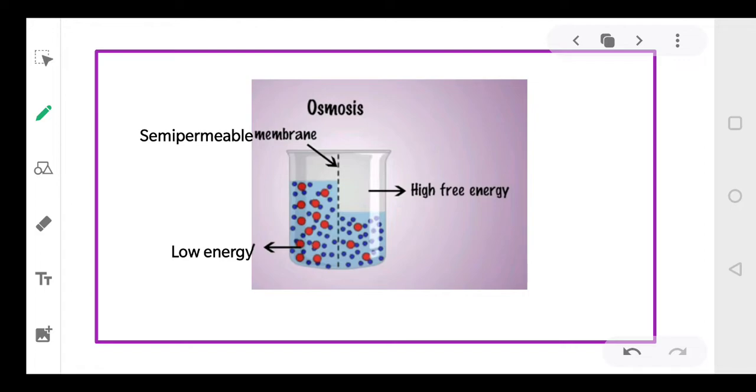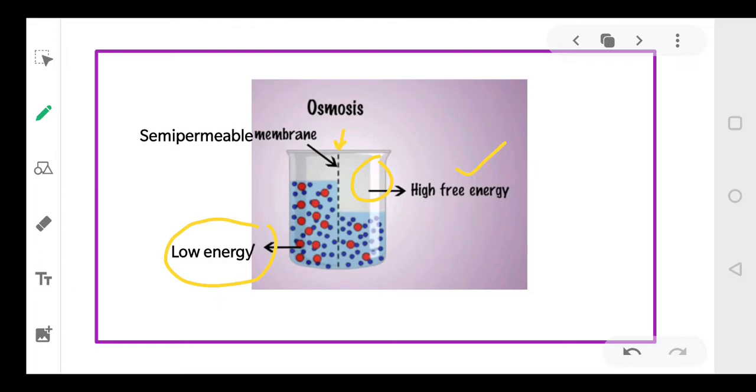Let's see this again. This is your water. The blank side that you can see is water. Now molecules of water have high free energy, and the molecules of solute have low energy. This dotted line indicates your semi-permeable membrane.